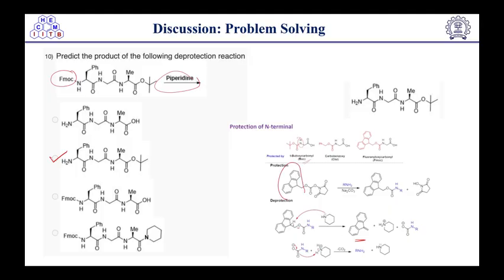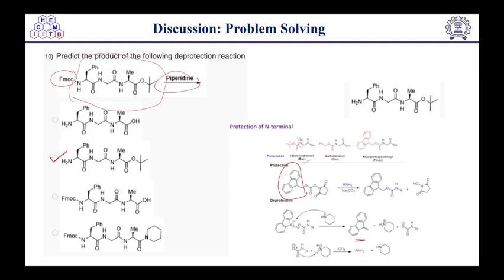It's nothing but which is given here, this one. This is FMOC group. Okay, so here we have FMOC group. So rest of the thing will remain as it is. This group you consider R only.